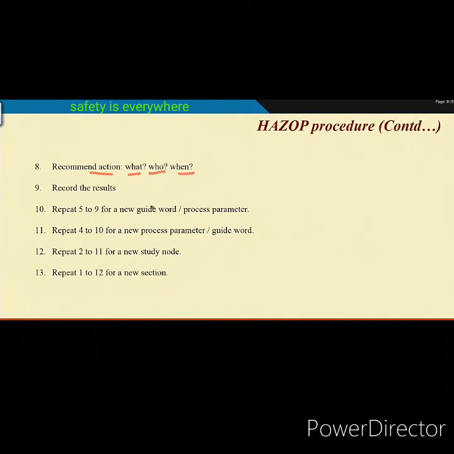Your results will be documented. Then repeat 5 to 9, repeat 4 to 10, repeat 2 to 11, repeat 1 to 12. For every new guide word, 5 to 9; for every new process parameter, 4 to 10; for a new study node, 2 to 11; for a new section, 1 to 12.